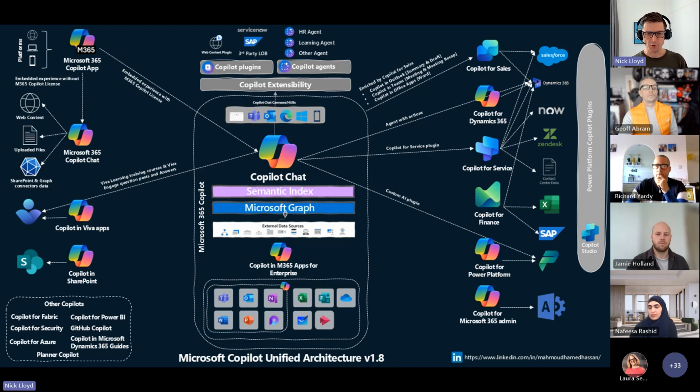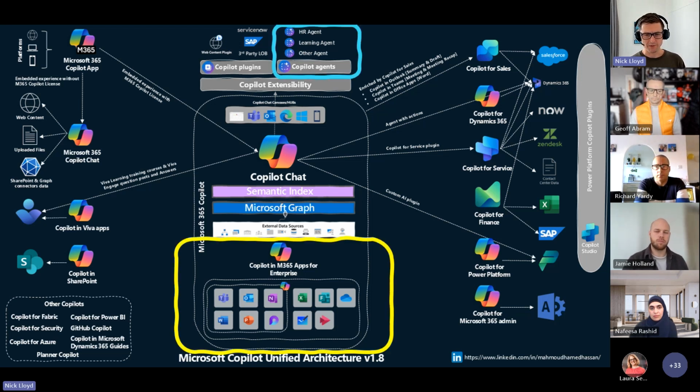So the world of Copilot is ever increasing. This is just an overview of the productized offerings behind this. Microsoft have got well over 100 internal Copilot solutions that they're developing. Last time we looked at the area in yellow, Copilot in M365 for apps.